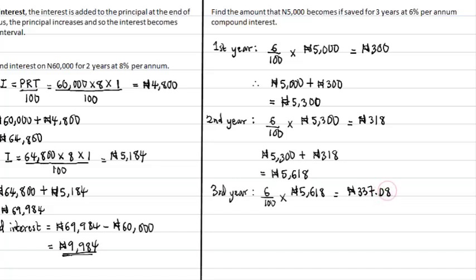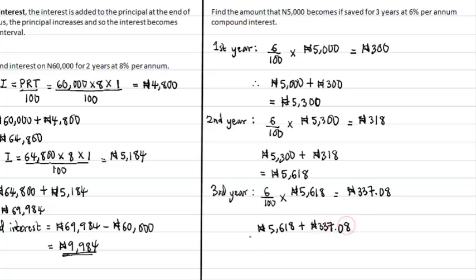Now we add this amount plus this amount, that is 5,618 plus 337.08.